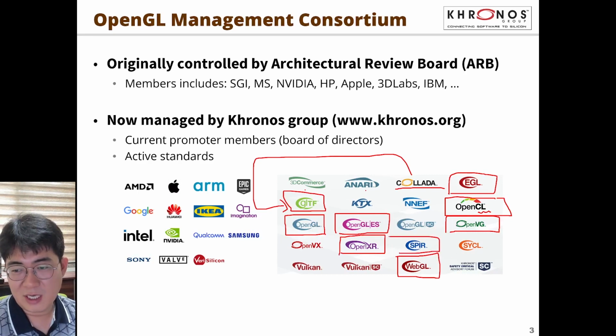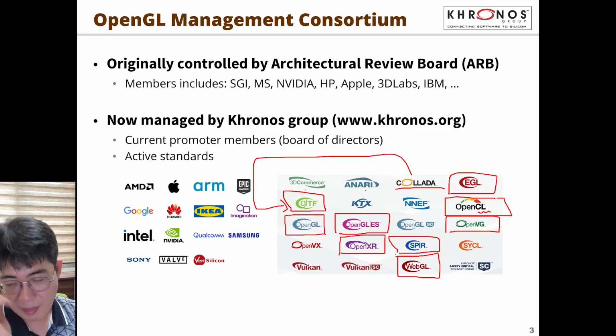SPIR is another, what is that? It's an intermediate format for shading language compilation. By default, we need to write a GPU-specific language, which is called the shading language.